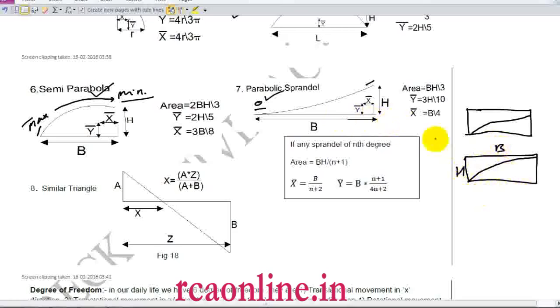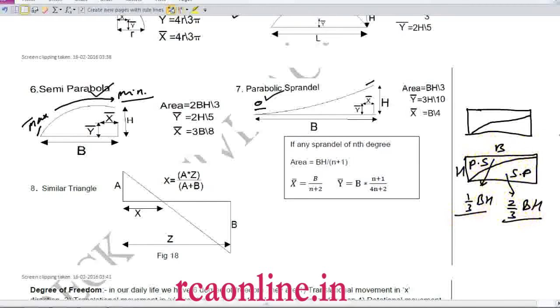Then my spindle parabola will be this, and my semi parabola will be this. So what is this area? This area is 1/3 of BH, and this area is 2/3 of BH. So 1/3 of BH and 2/3 of BH. So by rectangle you can easily remember this thing.